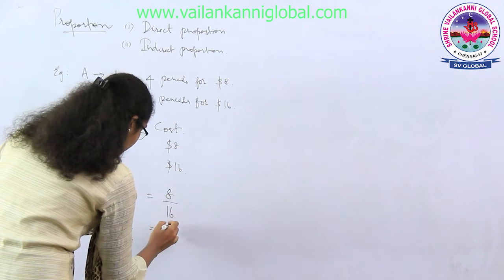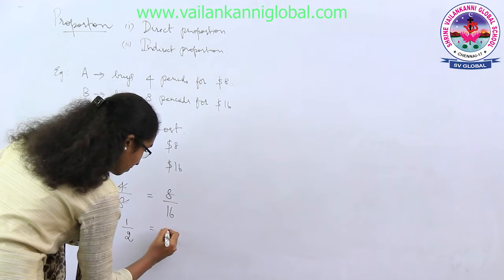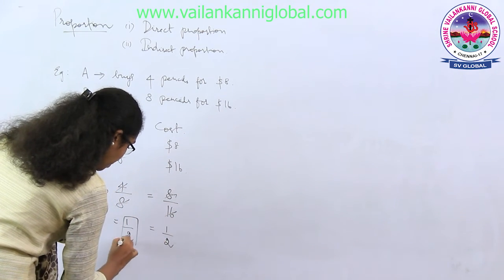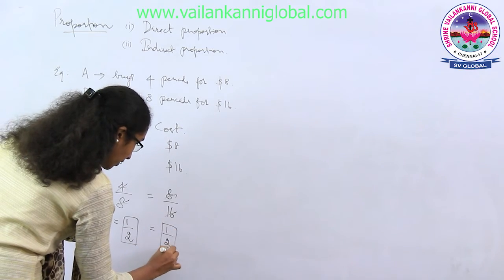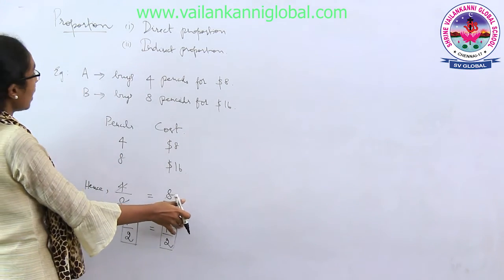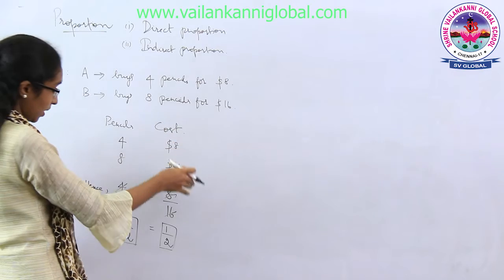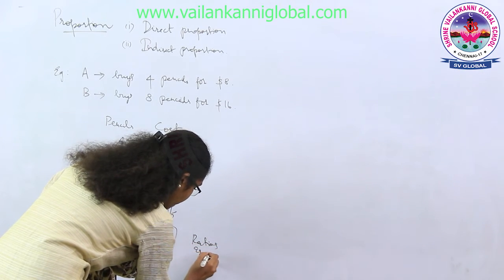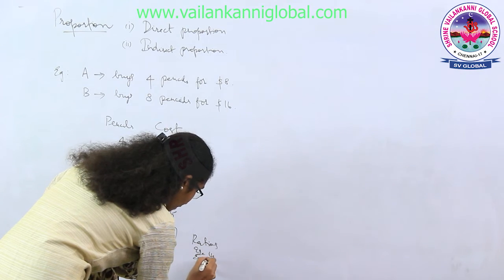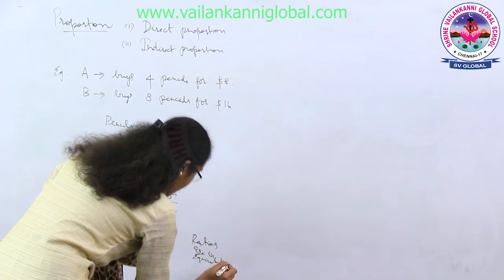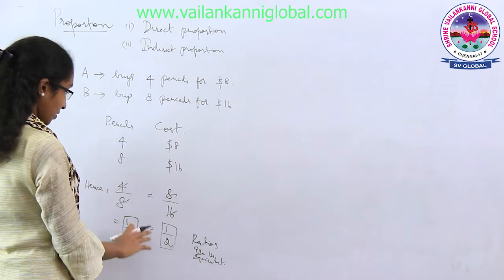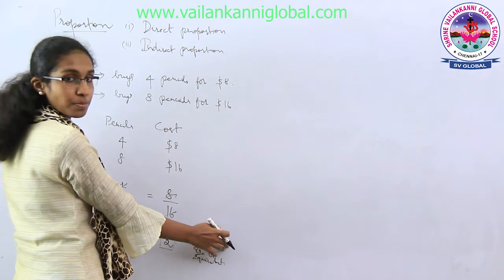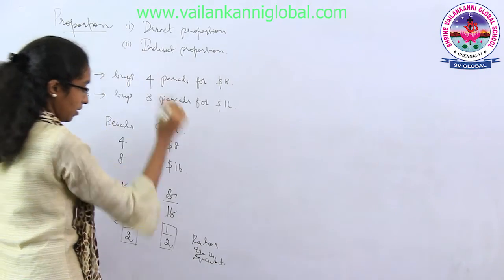And 8 divided by 16 can also be simplified to 1 divided by 2. Hence, both the answers are 1 divided by 2. It is clearly known that the ratios are equivalent. So when two ratios are equivalent, then it is said to be in proportion.